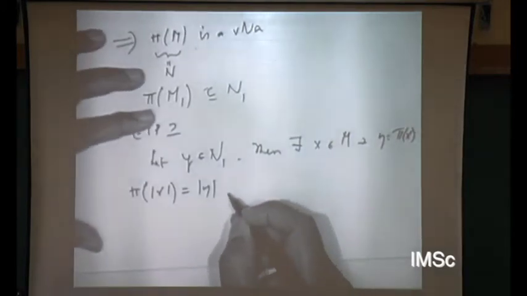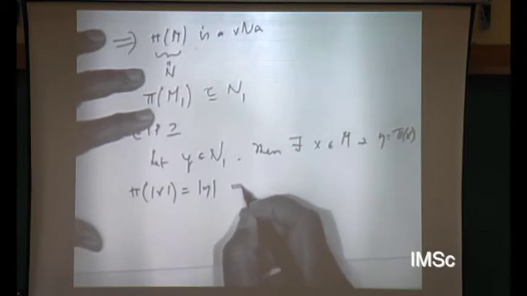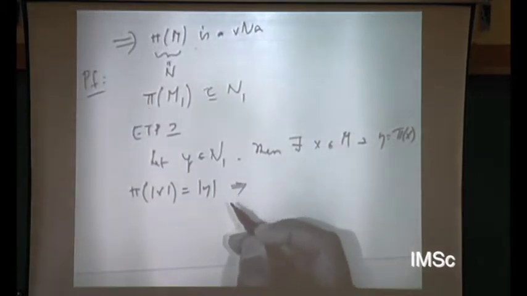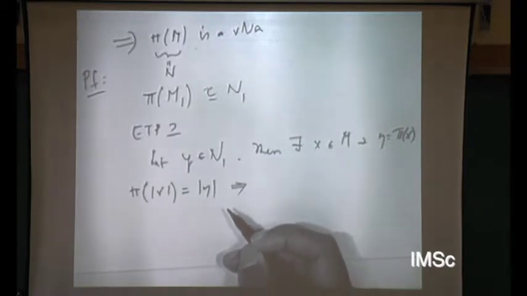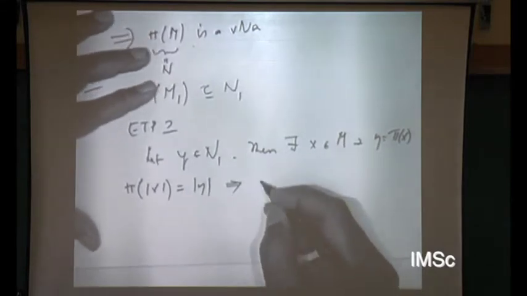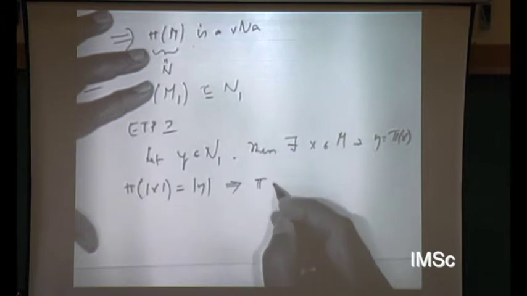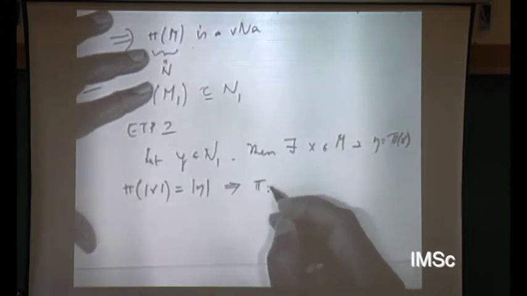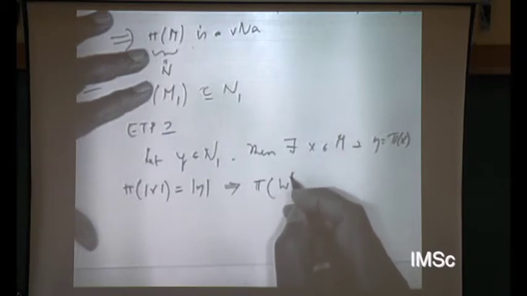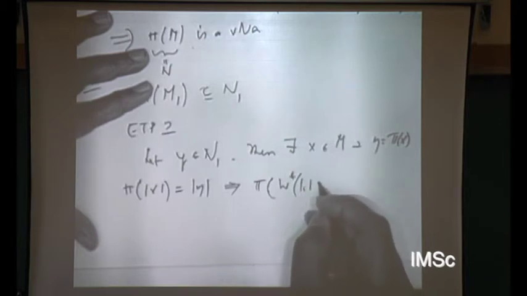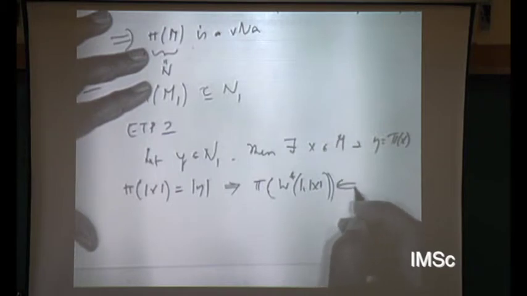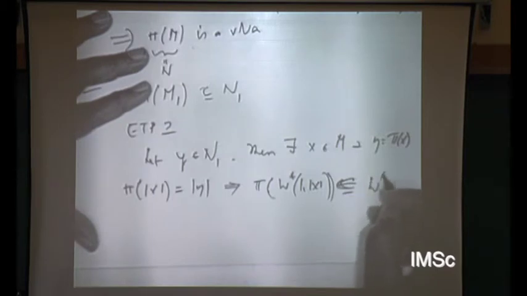So that will mean that pi will map the von Neumann algebra generated by |x| into W star of |y|.